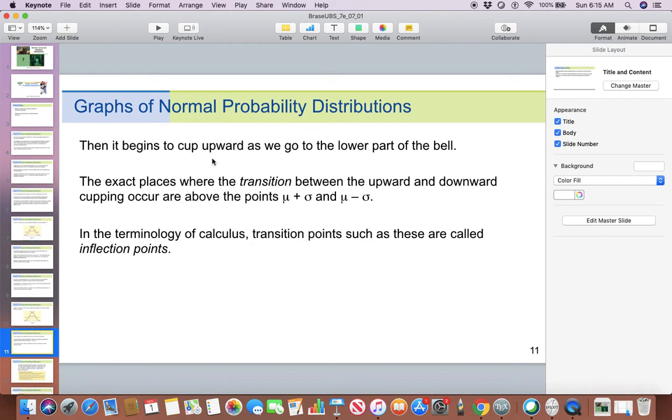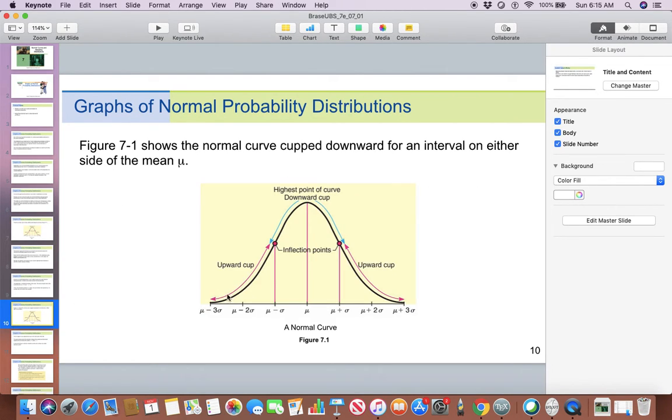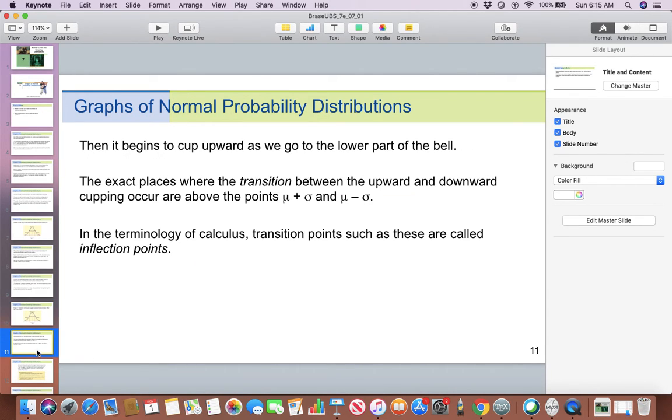All right. So now it's cupping upward or downward. It talks about concavity. This is cup up, upward cup or concave up. This is concave down, concave up. The exact places where the transition between upward and downward cupping occur are above the points mu plus sigma and mu minus sigma.